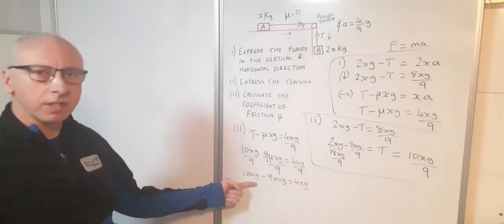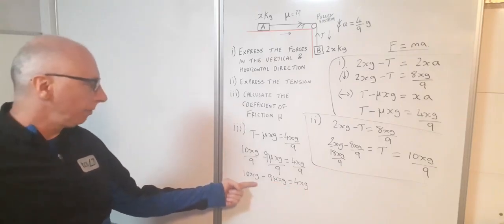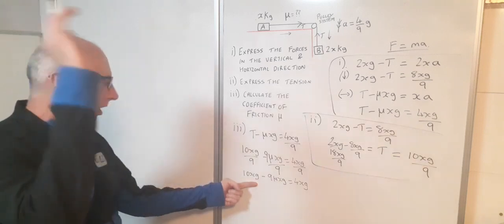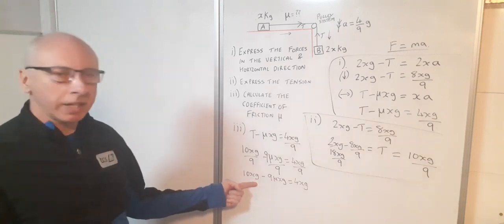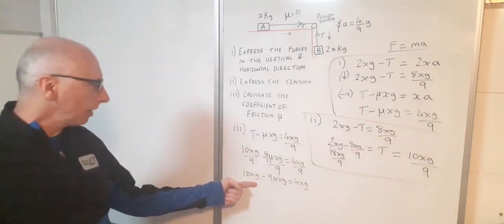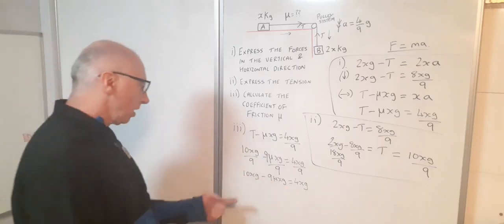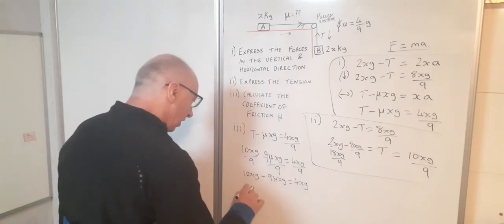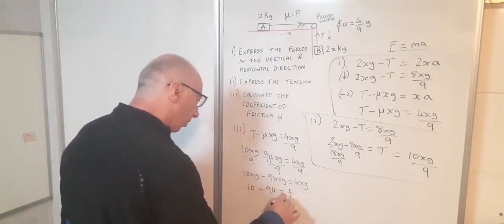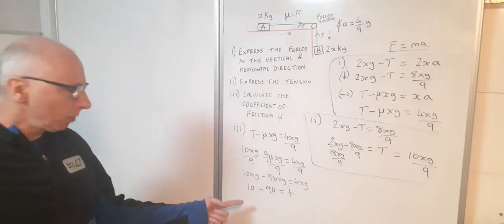Okay, now I've got an xg in all of my terms here. So what I would do is divide by xg, and we can get the mu along with some different numbers. So now we've got 10 minus 9 mu equals 4. So now we get mu out of that.